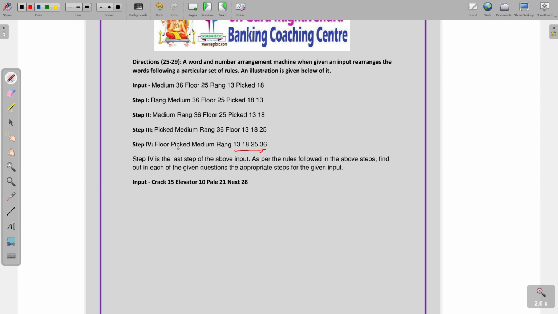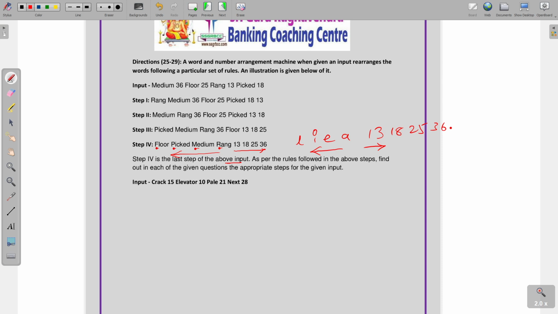And if you observe the words, the second letter of each word is arranged in descending English alphabetical order: L, I, E and A. Step 4 is the last step of the above input.